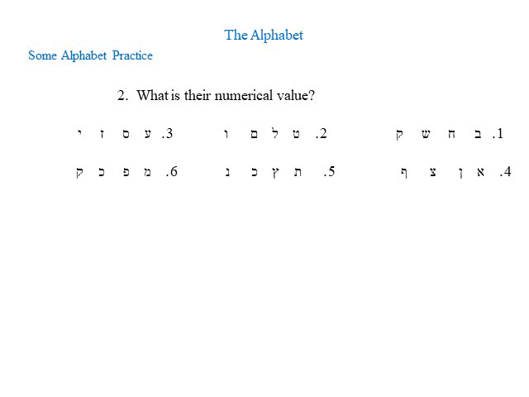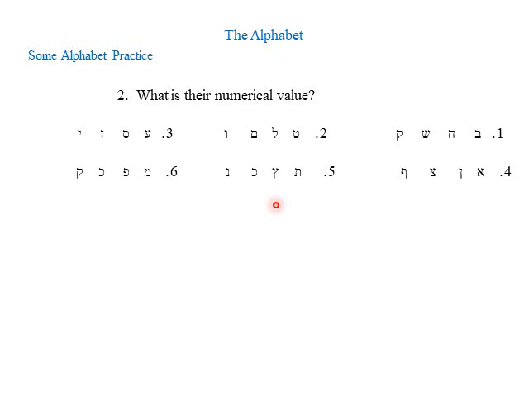Yud, 10. Line 4. Aleph, 1. Nun Sofit, 50. Tzadi, 90. Pei Sofit, 80. Number 5. Taf, 400.